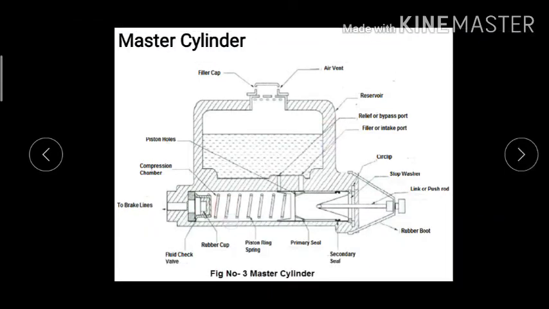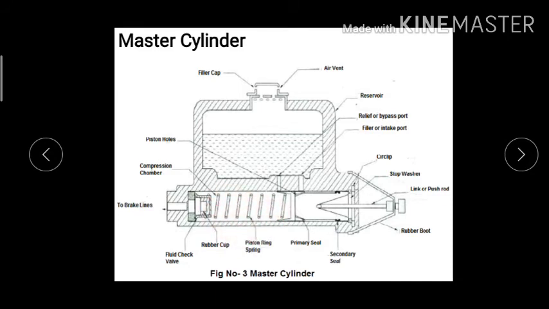Whenever there is a delay in the oil entering from the wheel cylinder, there is a formation of vacuum. To avoid the vacuum and air leakage into the compression chamber, we use a process where, whenever there is air intake, the filler or intake port will get opened up and enter some oil into this chamber.